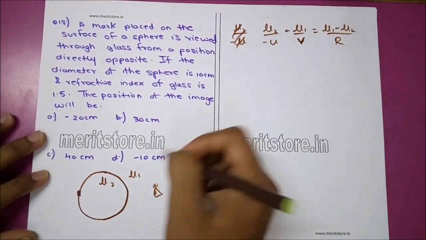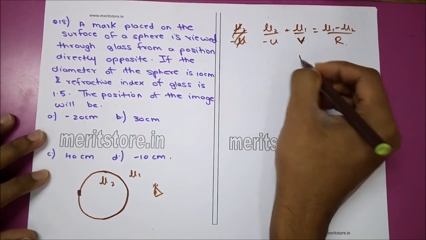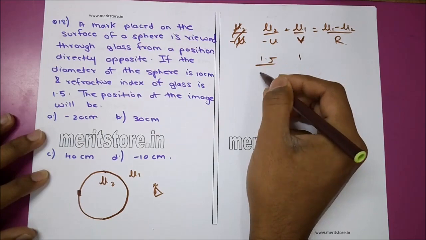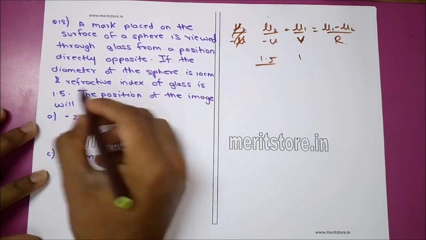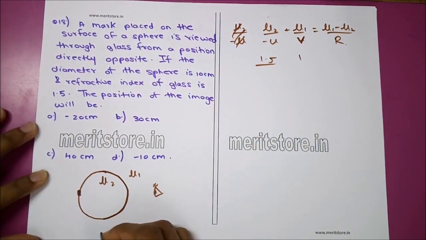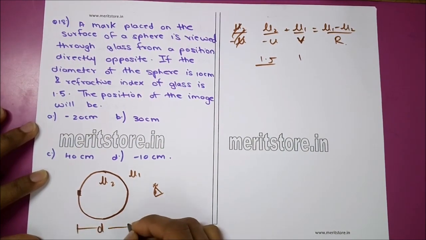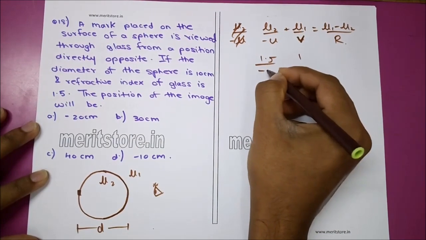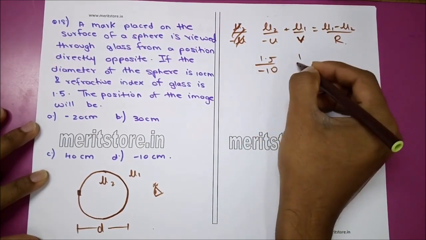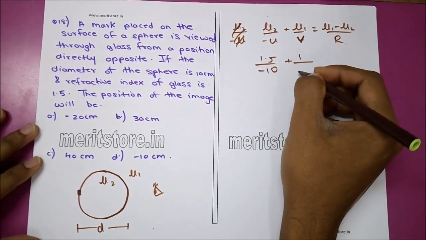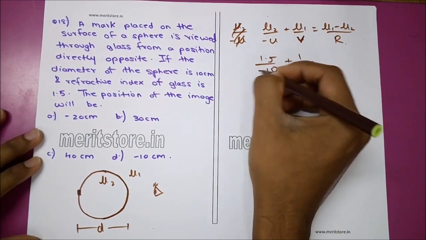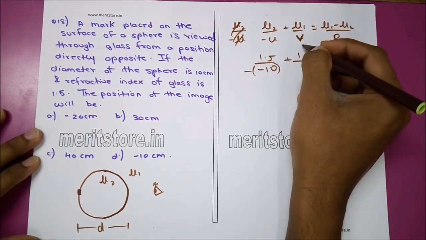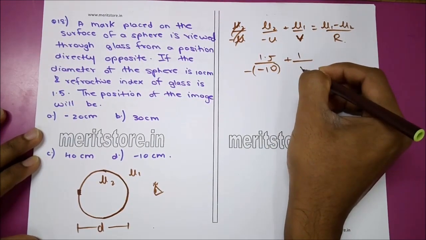Now mu1 is air, so the value is 1, mu2 is 1.5 for glass. The value of u will be equal to the diameter of the spherical glass, so that is 10 centimeters. However, since it is on the left, we'll write it as minus 10, so the minus of minus 10 becomes plus, and the value of v is what we want to find out.